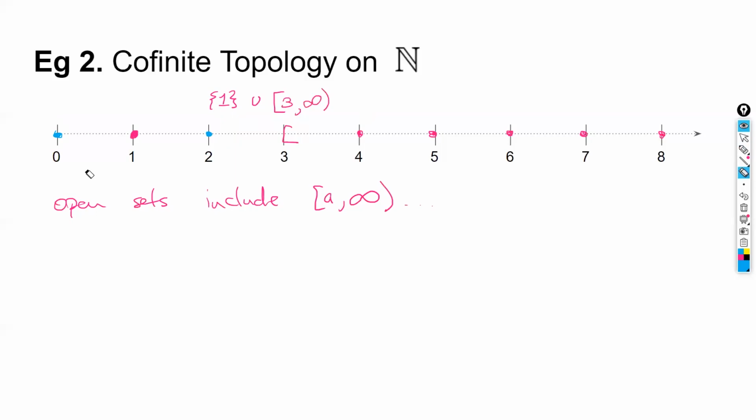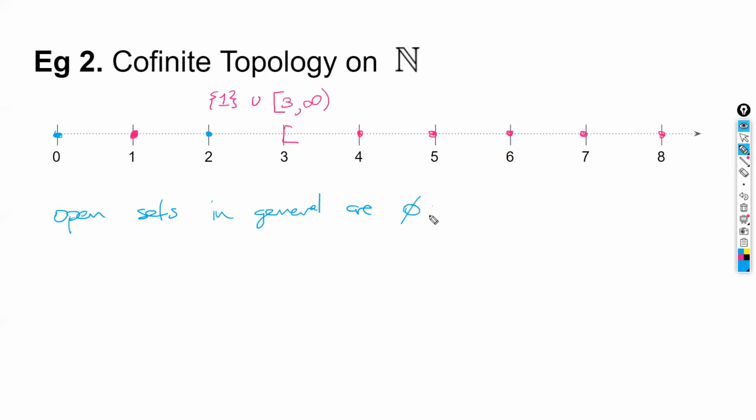Okay, so let me just describe the sets generally, write it down, and then I'll move on. So actually the open sets in general are the empty set and any subset A of the natural numbers such that the complement of A is finite.